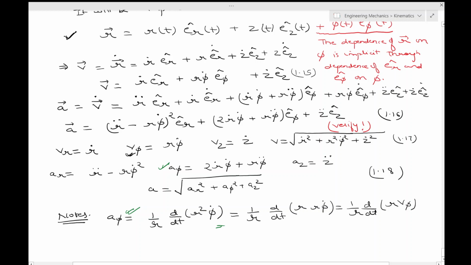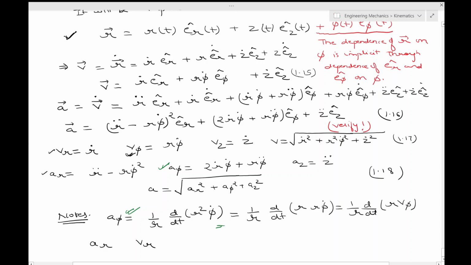So this shows that there is some sort of a relationship, but it's not as straightforward as taking just a time derivative of one component.